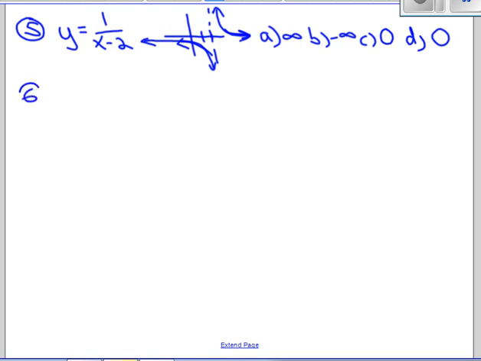Moving on to number 6. A, the limit as x goes to infinity of 3x squared minus 1 over 2x squared plus x. Okay. We can do this formally. So if we do it formally, then we multiply the top and bottom by 1 over x squared.